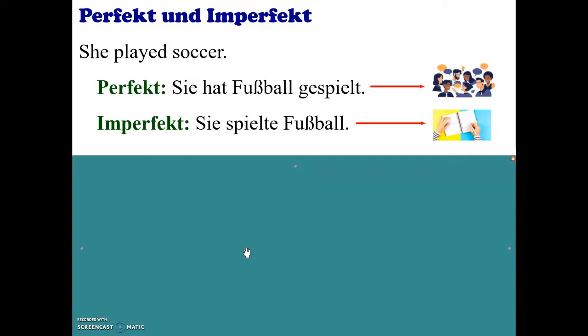Both of those would translate as she played soccer, but they have their correct time and place for use. Sie hat Fußball gespielt would be in a conversation. Sie spielte Fußball would be in writing. Again, both of these sentences mean she played soccer. We just have to know, am I saying this sentence or am I writing this sentence?